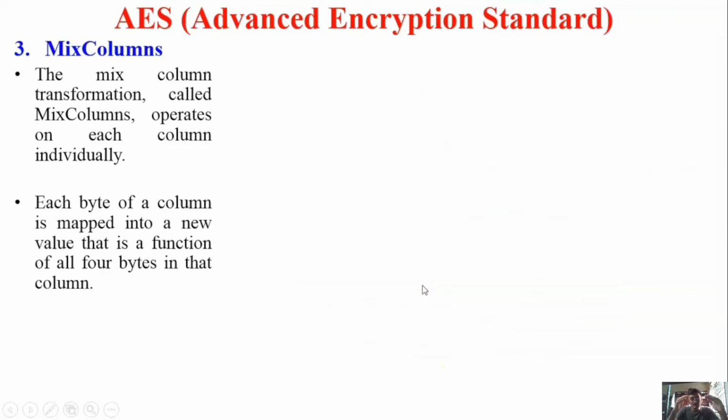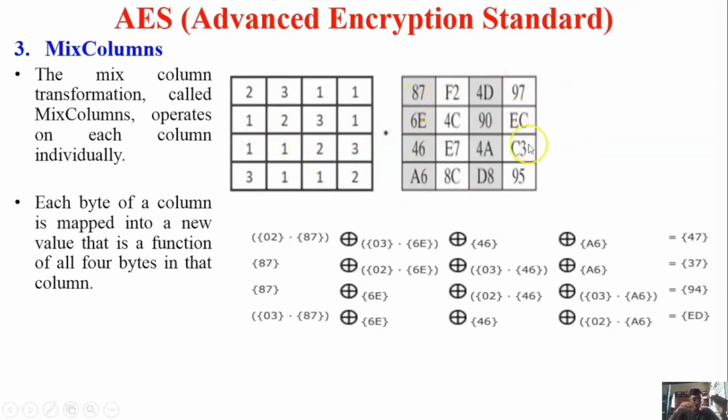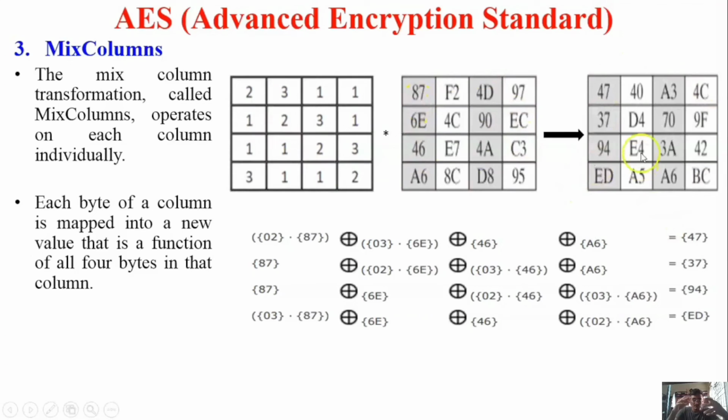For example of mix column, this predefined matrix is multiplied by this state array matrix and it generates this matrix. Here I have done one calculation. This is the first column. So now you can see this is 2 multiplied by 87, 3 multiplied by 6e, 1 multiplied by 46 and 1 multiplied by a6, and it generates 47.